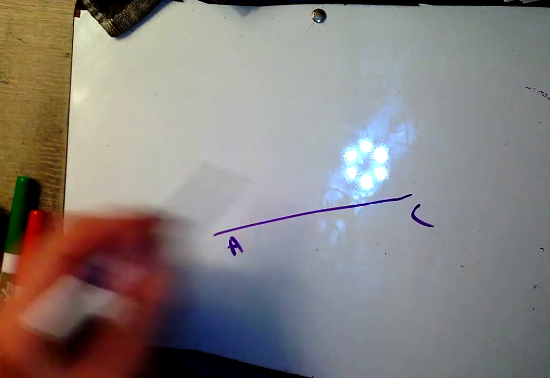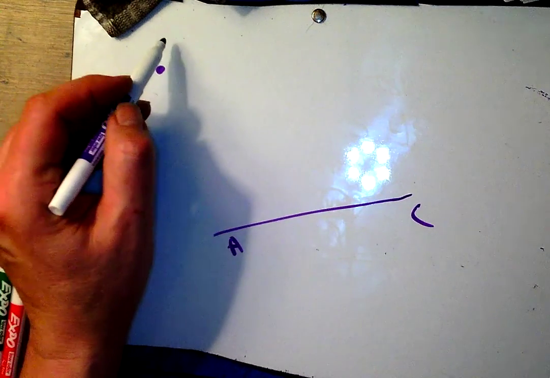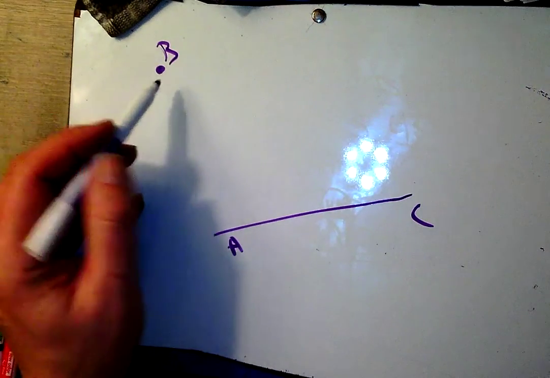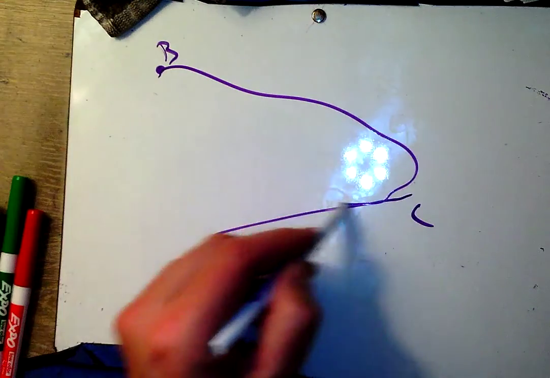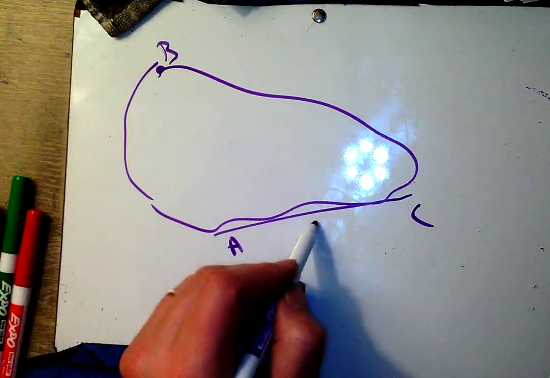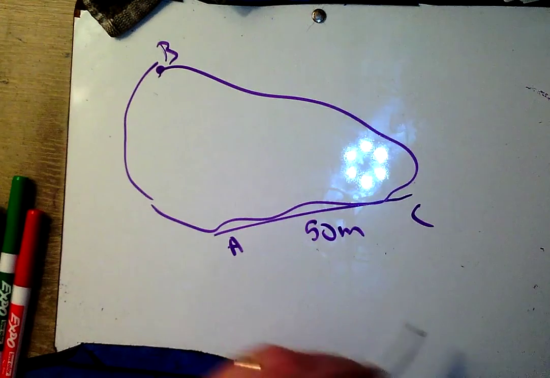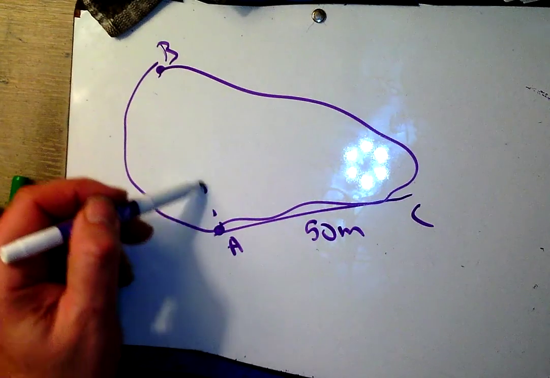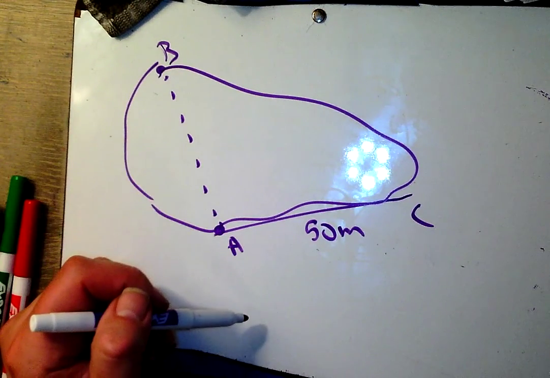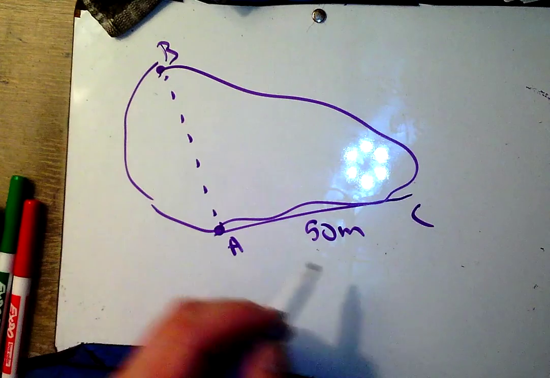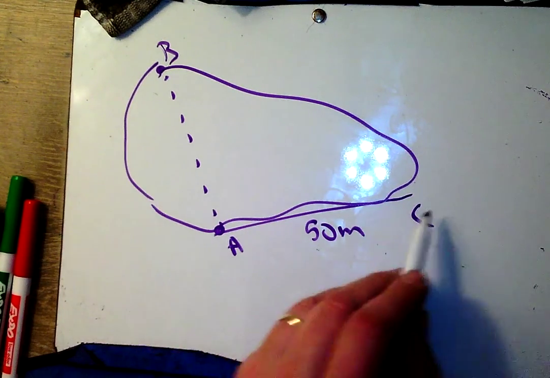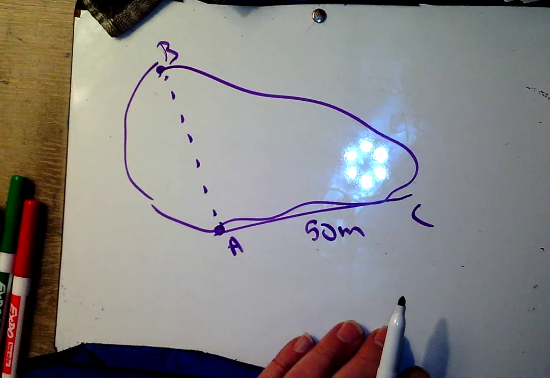A, C, and the other side of the swamp. And this is 50 meters. So the surveyor wants to know how far that is. And we know that it's 50 meters from A to C.